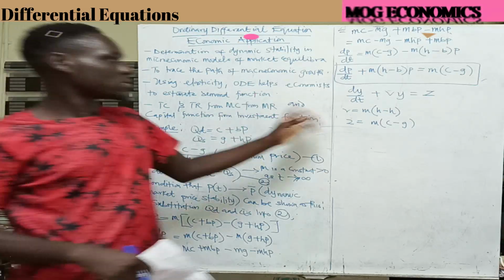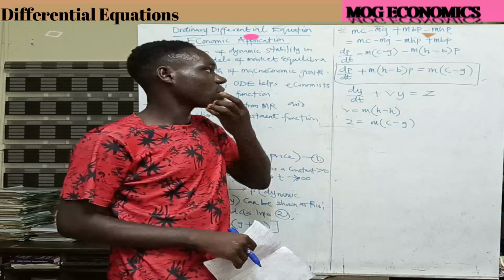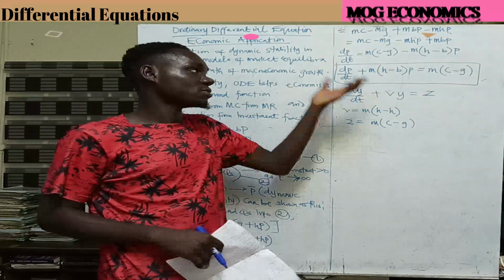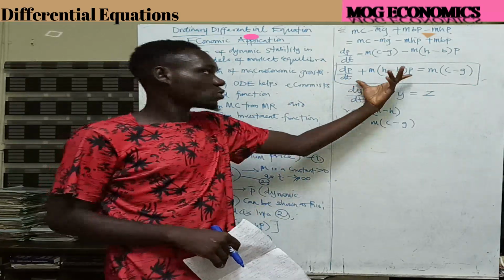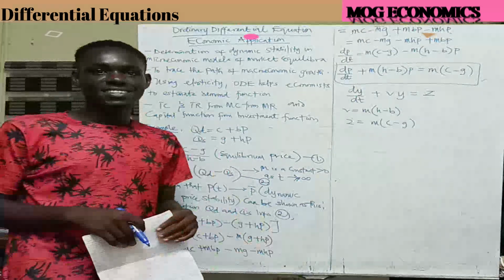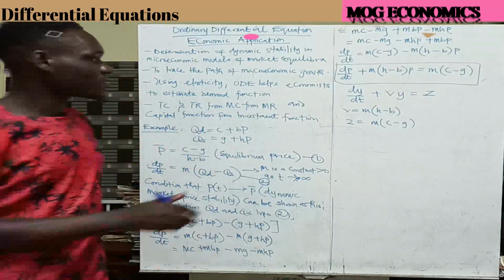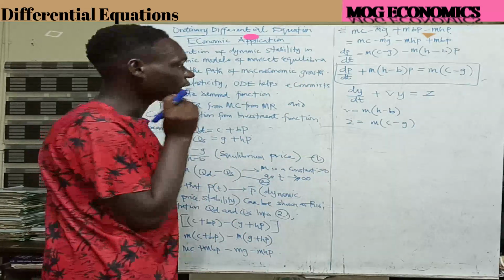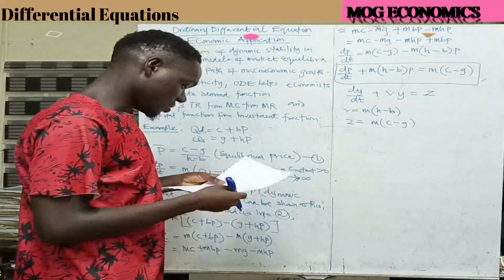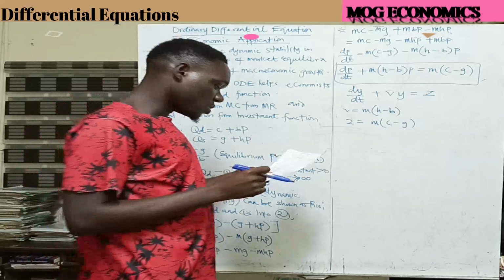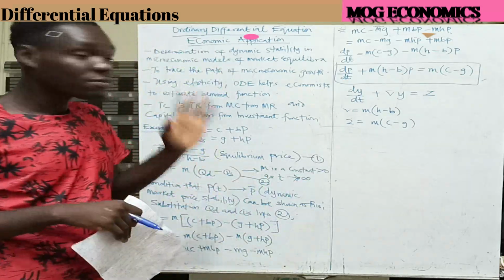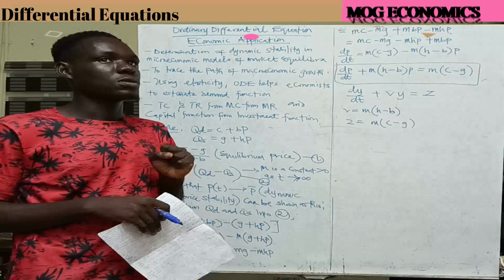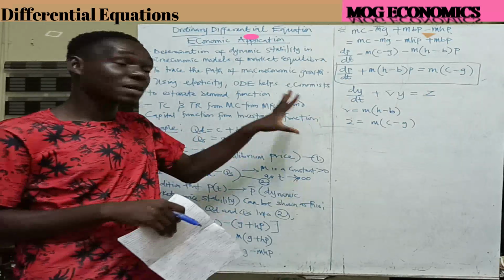So now we are going to apply the general formula for the differential equation to solve. Sorry, this is meant to be B. All right, so now at this point we are to apply the general formula for the differential equation, and the goal is to see if it is dynamically stable.